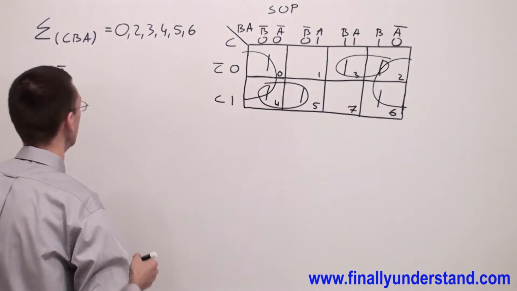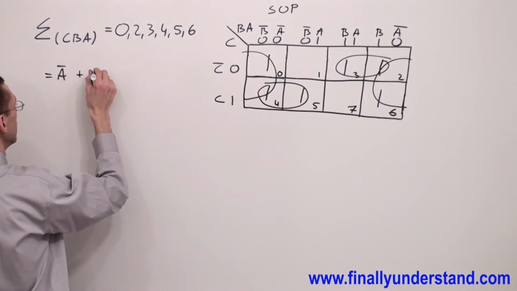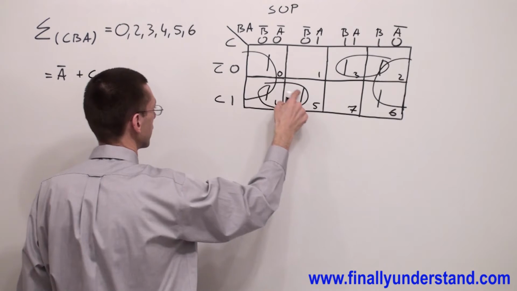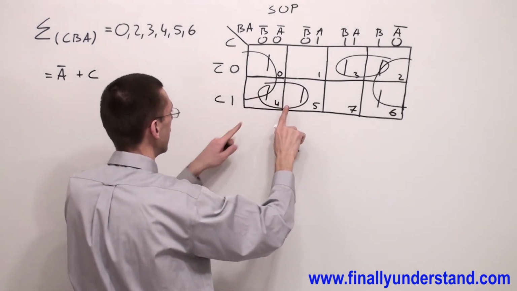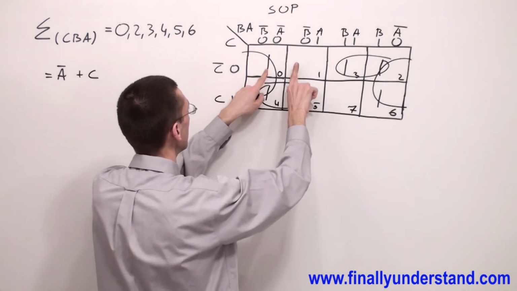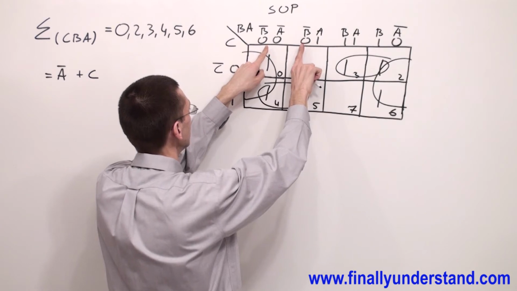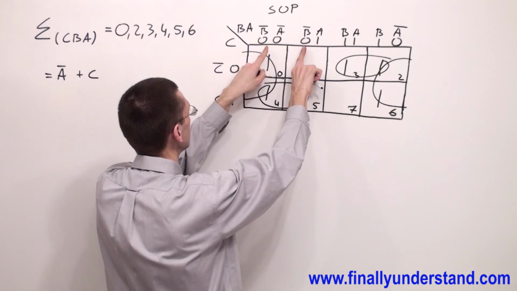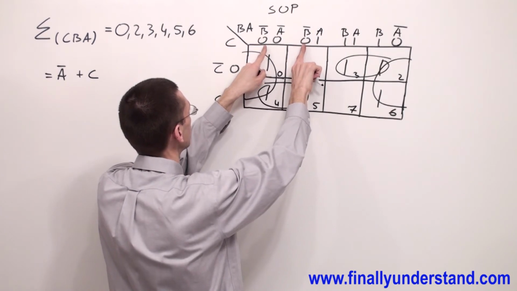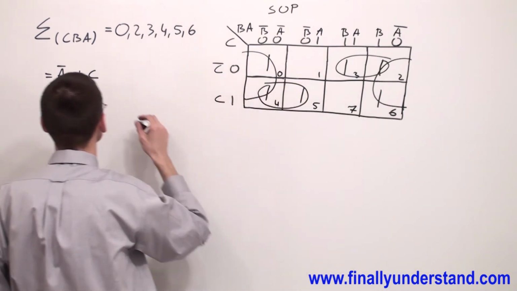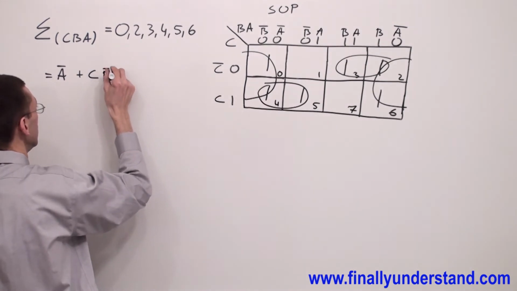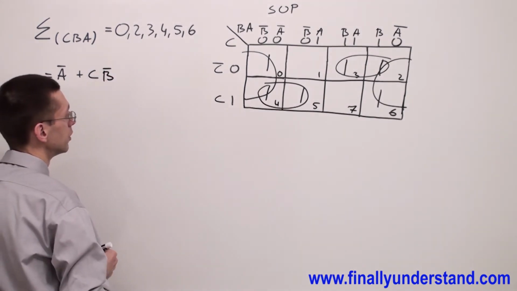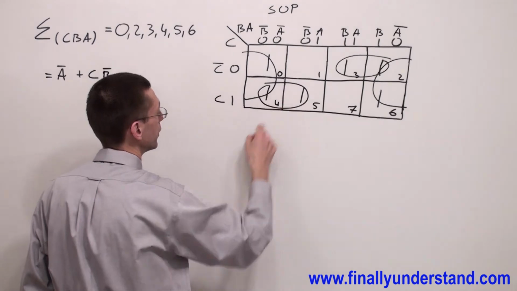I'm going to copy down C. And I have to look at what I have above this group. This group is placed in 2 columns, and the common variable for these 2 columns is B0. That's why I'm going to write B0. And I'm finished with this group.